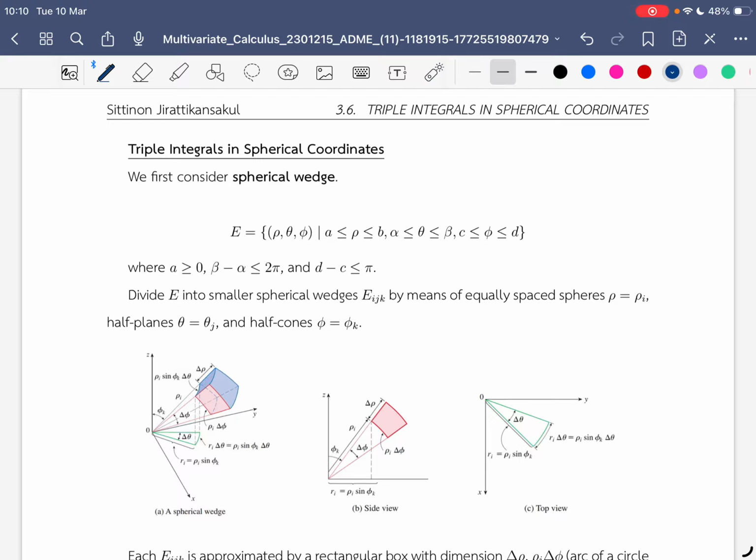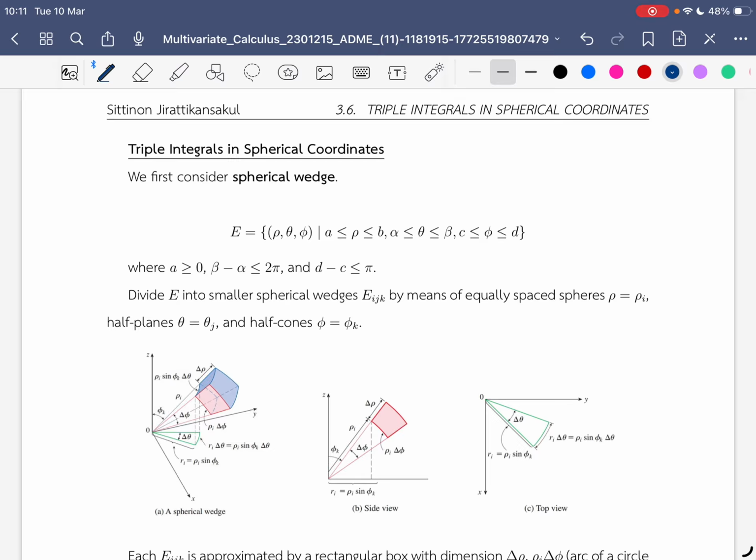It's going to be rho squared sine phi. This is your extra factor. The session after this, we're going to have the most general version of this, computed using some sort of Jacobian. But all in all, what we care about most is that the formula is going to be in this form.